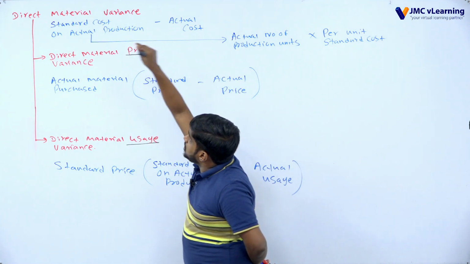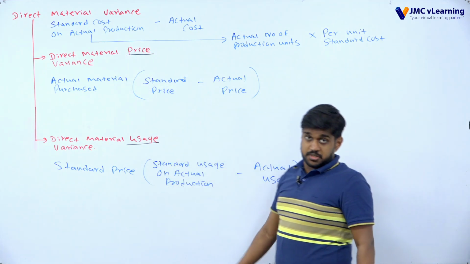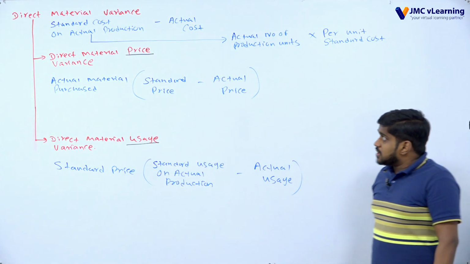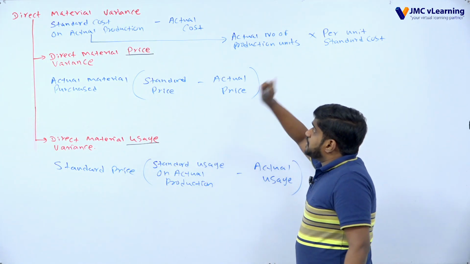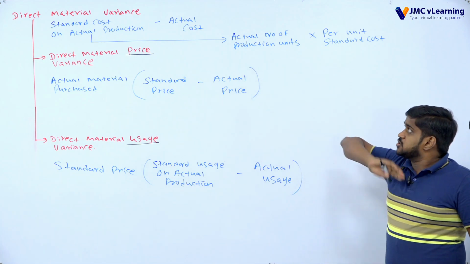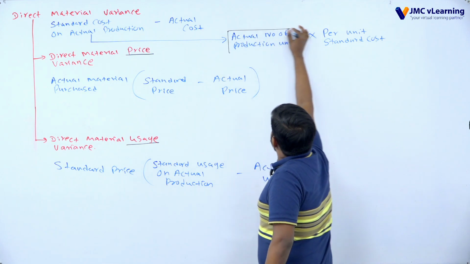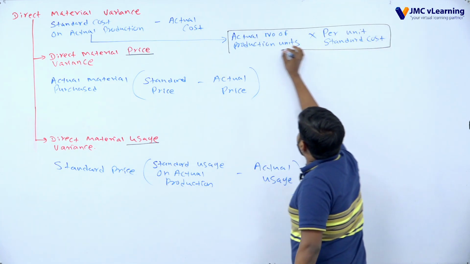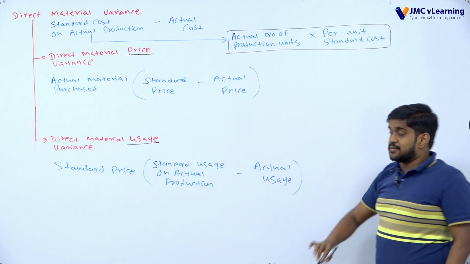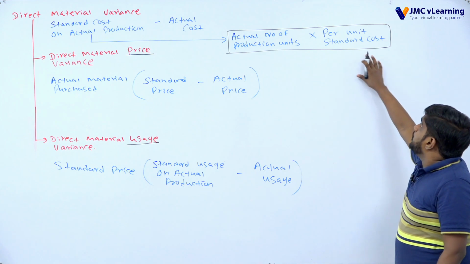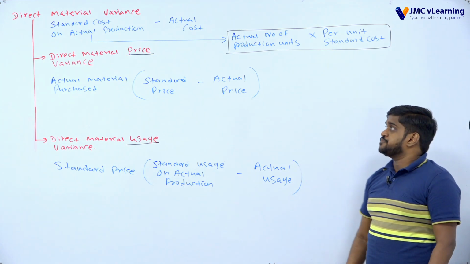Then how can we calculate standard cost on actual production? Simply we can calculate standard cost on actual production. How can we calculate? Actual number of production units, we can multiply it by per unit standard cost.